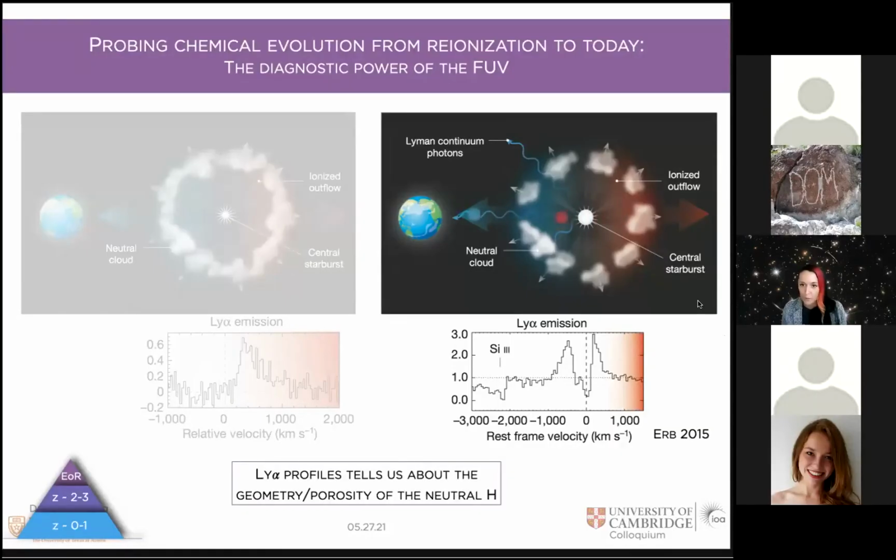With the outflow, they're blueshifted a little bit, and you can also still get this backscattering, such that now your Lyman alpha profile turns into a double peaked with a blueshifted peak and a redshifted peak. I'll show you some Lyman alpha profiles later, but this is also just important to remember that all resonant transitions will behave this way, because I'm going to show you some other ones in a little bit.